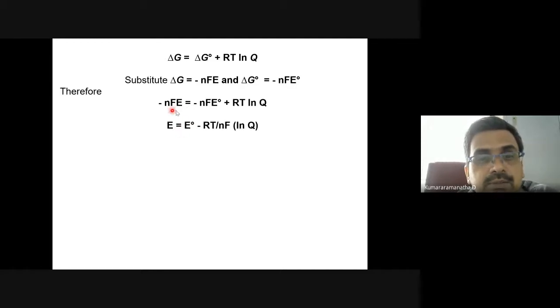If you divide this expression by minus NF, E is equal to E naught, because minus and minus cancel, and minus RT by NF natural logarithm of the reaction coefficient, because it is plus on the other side. The reaction coefficient is the products' concentration divided by the reactants' concentration. This is the next expression. I hope all of you have taken down these 4 expressions.